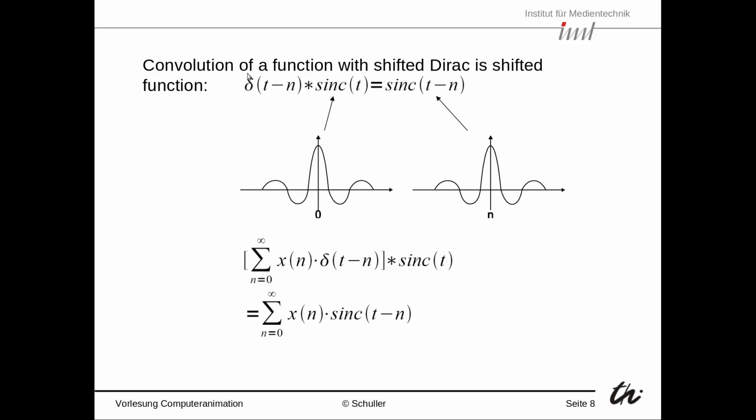We have a shifted Dirac convolved with our Sinc function, and the result is just the shifted Sinc function. Right, so this comes out of this convolution. So that's a very convenient result. So basically we get rid of this convolution in this way. So here originally the Sinc was centered around 0, and after convolution the Sinc will be centered around n.